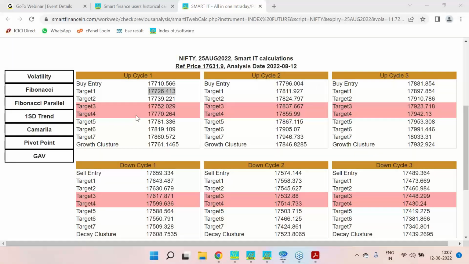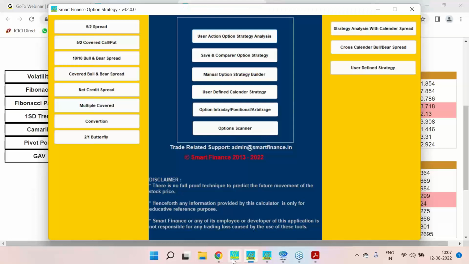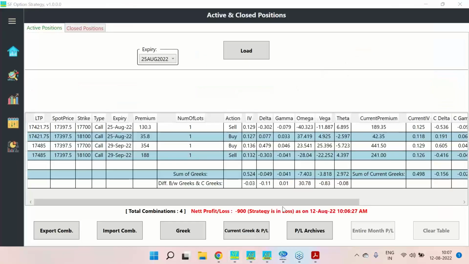So intraday top and bottom is getting hit in the last hour. You can expect gap up action or gap down action the next day. Mahesh Saj is asking a very interesting question. All of you should listen to that.